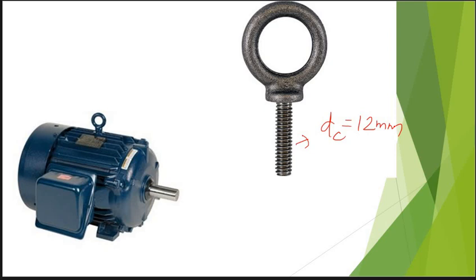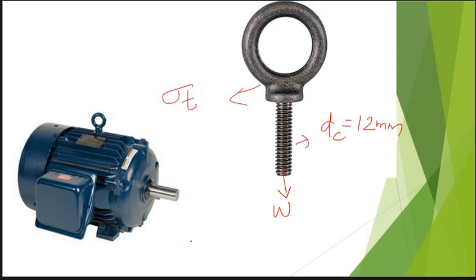Now, if we know the value of allowable tensile stress of this material, sigma T, we can calculate the maximum load W that can be applied on this eye bolt. So what should be the maximum weight that can be lifted by this eye bolt, so that the induced tensile stress should not exceed the permissible value.